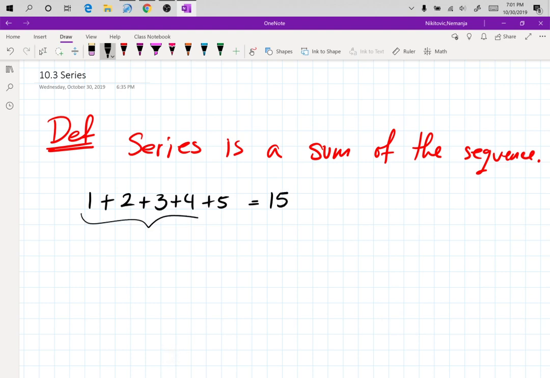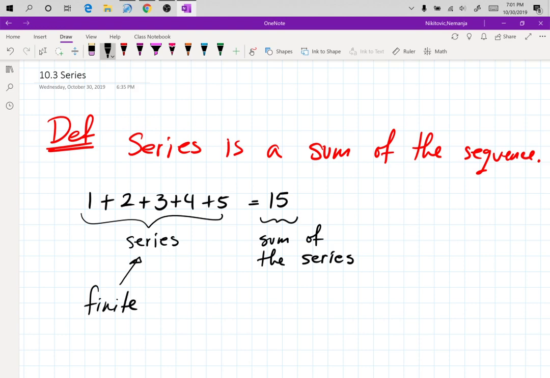This is a series because you added a sequence. And over here is the sum of the series. What do I know about this series? It's a finite series because it has only 5 numbers.